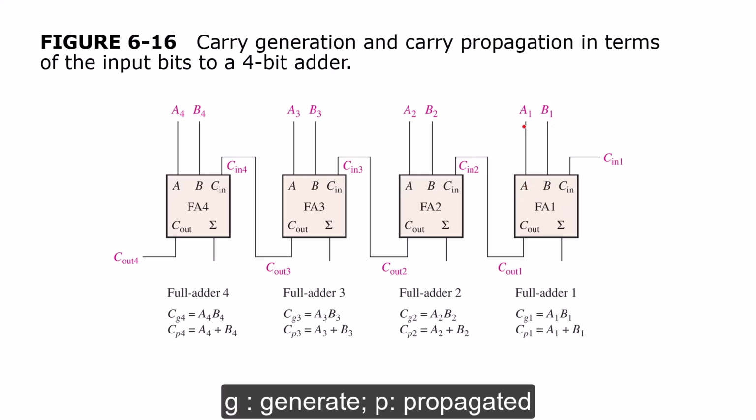You have the least significant bit being added, and then if there is a carry, it will be some result, and if there is a carry, it will be propagated to the next one, and the same for the second, and so on.